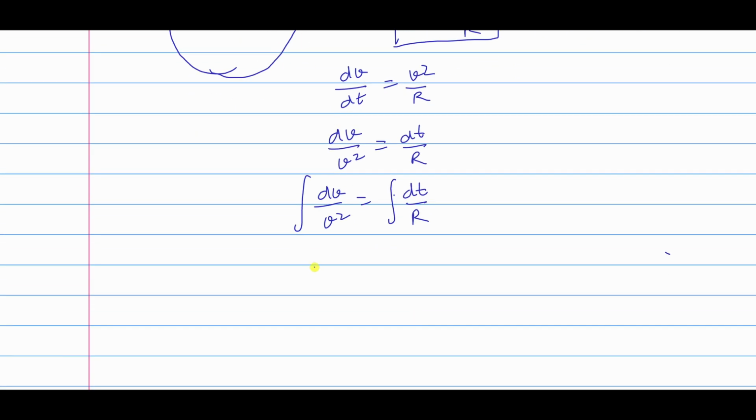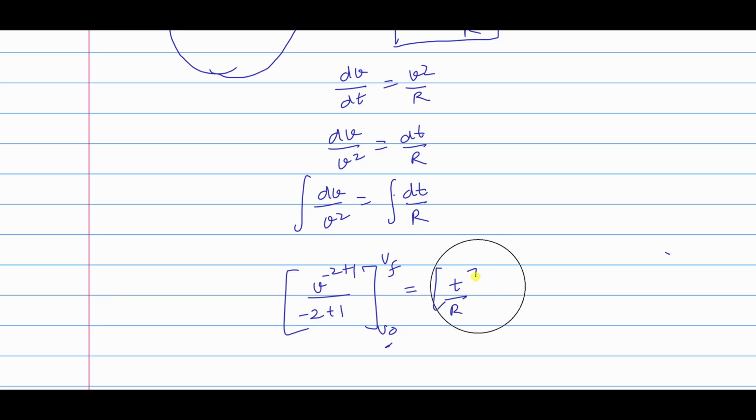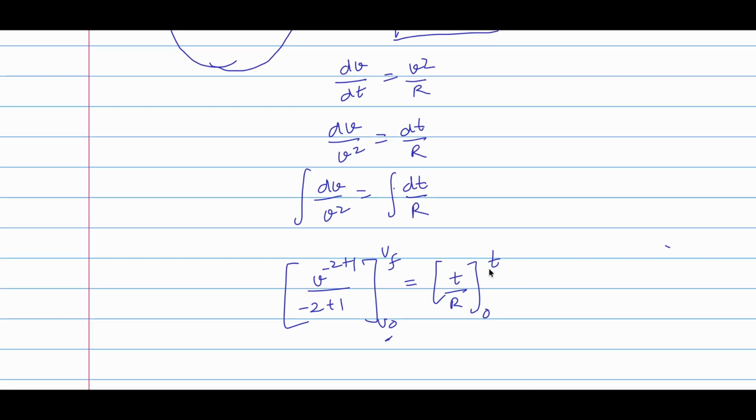When you integrate this, you get v to the power minus 2 plus 1 divided by minus 2 plus 1, with limits v naught to v final, because v naught is the initial velocity, and on the right we get t by r from 0 to t.